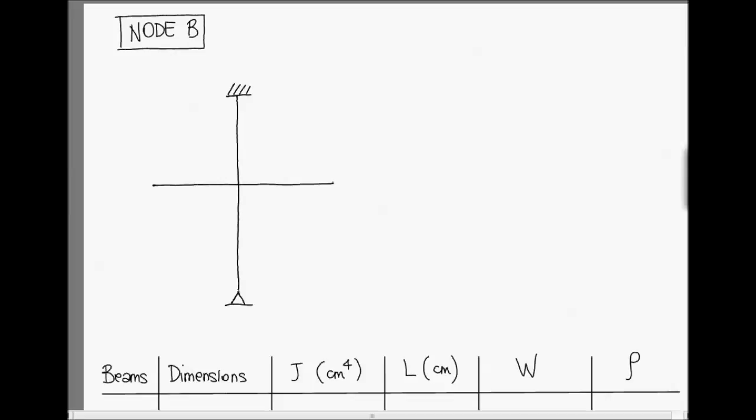So we have B, A, and C. In nodes A and C, we have the additional restraints locking the rotations, while in B, we remove the additional restraint permitting the rotation, so we have this deformed shape.